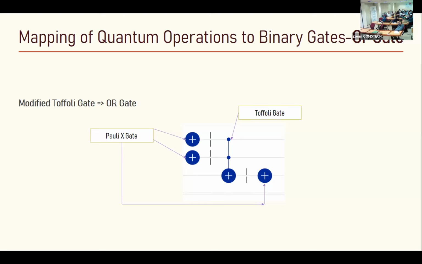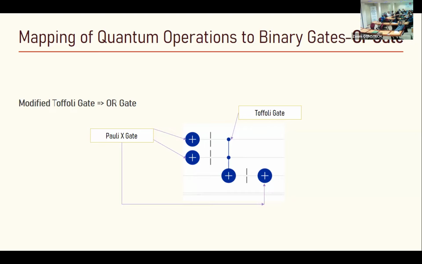So make a truth table of 0, 0 output, 0, 1 output, 1, 0 output, 1, 1 output, and see whether this truth table resonates with the OR gate or not. You got the problem?